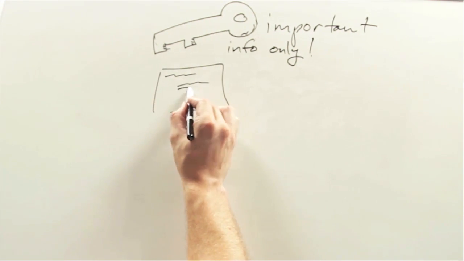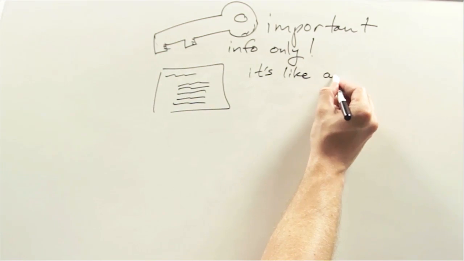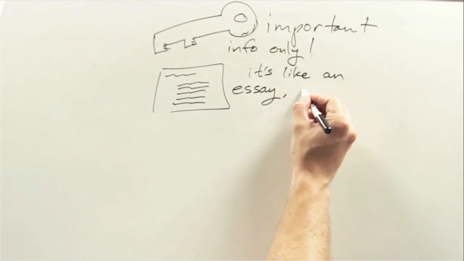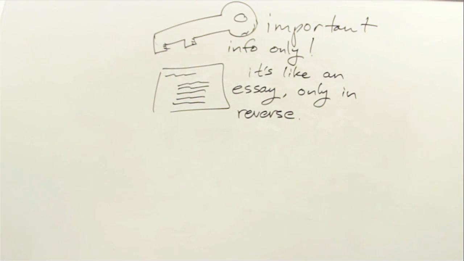I want you to think of it like this. I want you to think of it as if it was your independent essay for the writing section of the TOEFL. You write an outline for your independent essay with a topic and then your supporting ideas that support that topic with examples.